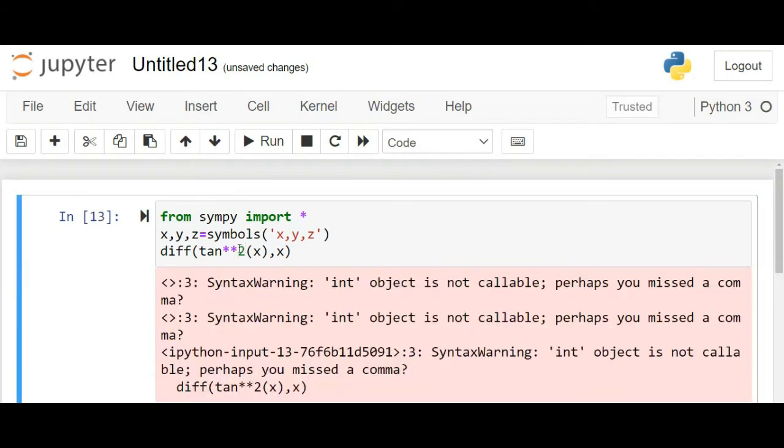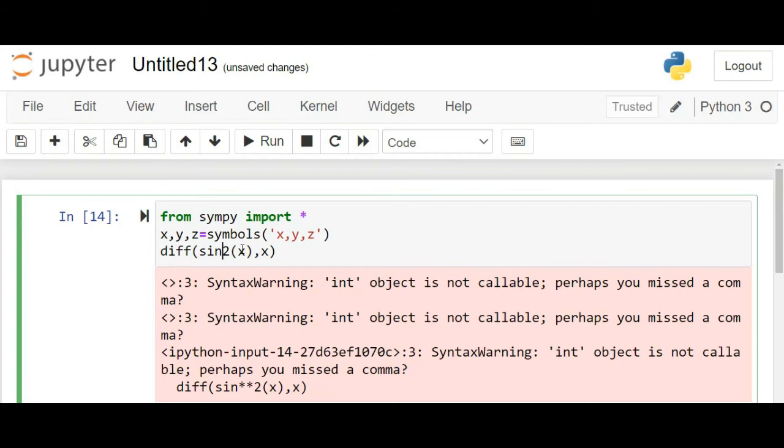Or if I write sine square of x, this is not sin x square, it is sine square of x. This is actually not working.